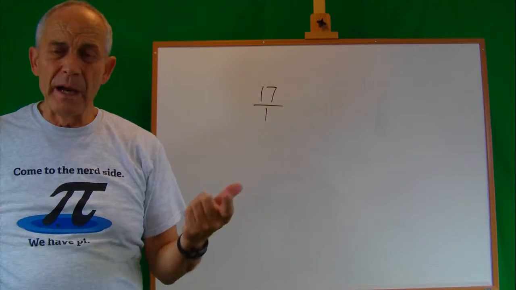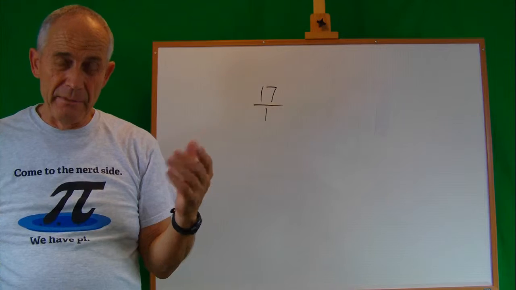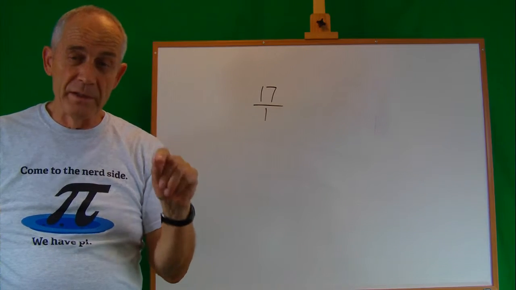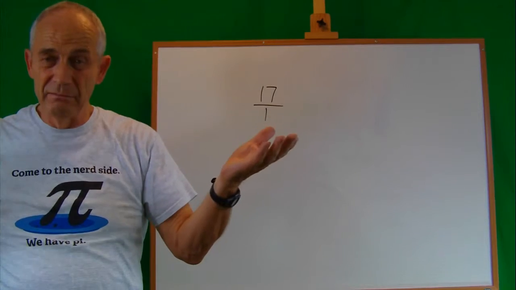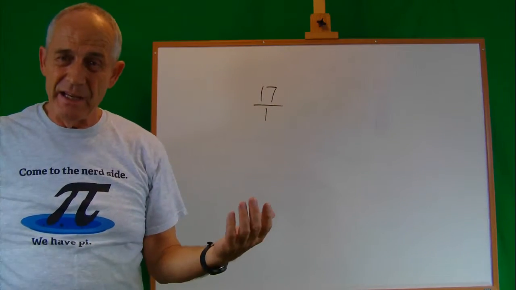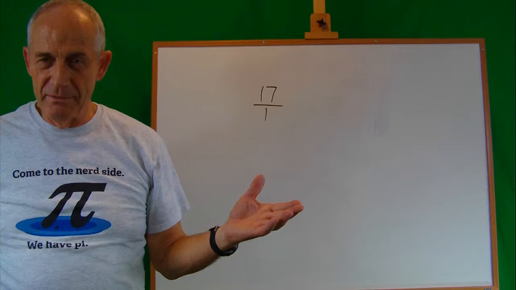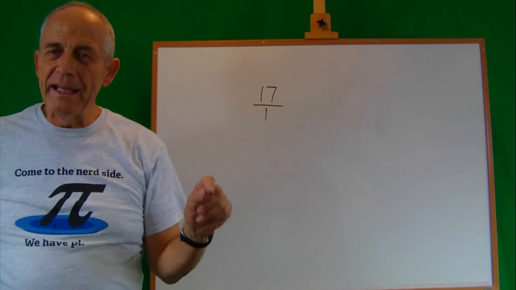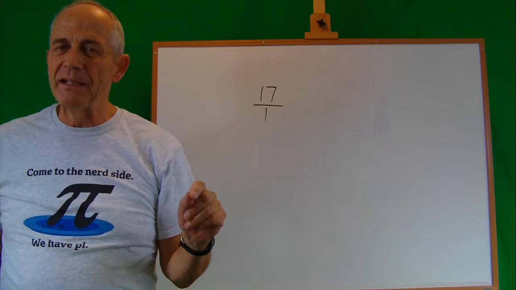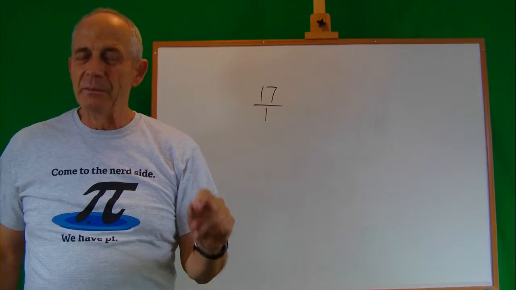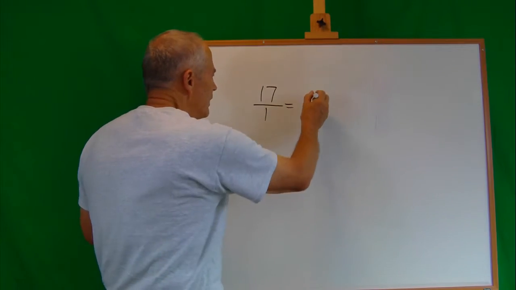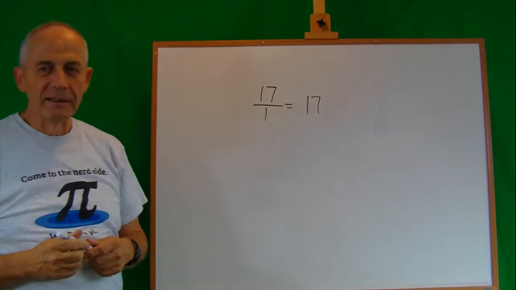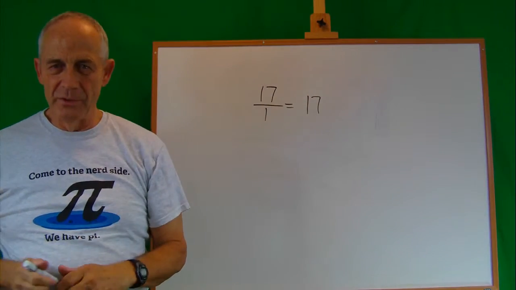Based on that idea I just gave you, how many ones are there in 17? It's going to be 17, no matter what number I put in there. Any number divided by 1 is going to be that same number. That's one place you can use that idea.